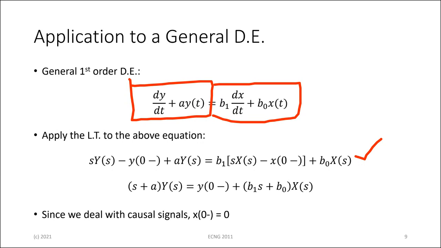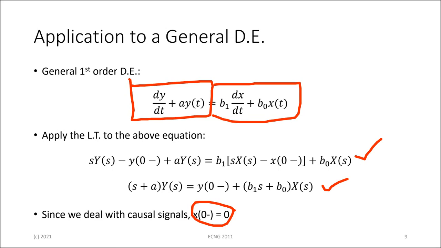So you apply the transform, you group the Y(s)'s and the X(s)'s together. If you're dealing with a causal signal, then remember that the input is 0 before t equal to 0. So you could set x(0 minus) to 0.